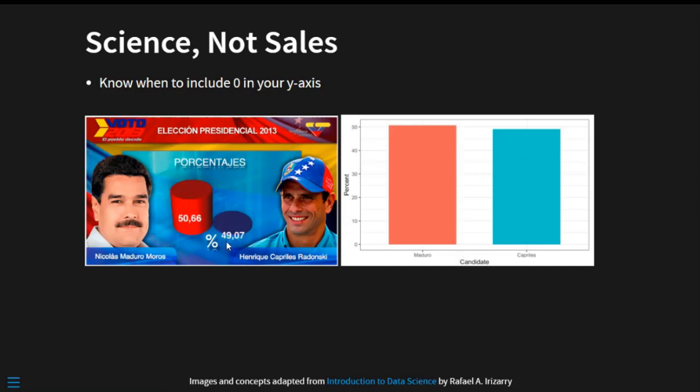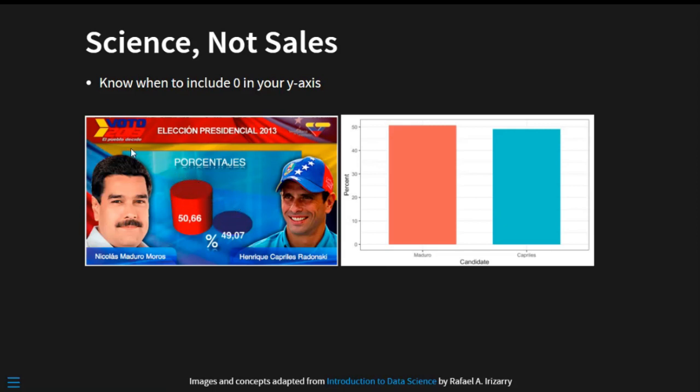And if we do it something like this over here, where they're not showing a zero, they're really exaggerating the comparison of votes received by Maduro versus Capriles, at 50.66, making that look much larger than the 49.07, like basically a non-existent bar versus a very large bar.